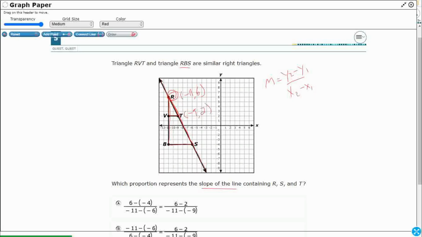Okay, so let's make this x1, y1, x2, y2. So if we just substitute these values, it looks like it's going to be 2 minus 6 over negative 9 minus negative 11. So it's going to be negative 4 over, that ends up being a positive, right? Negative 4 over 2. So it looks like my slope is negative 2, which makes sense.